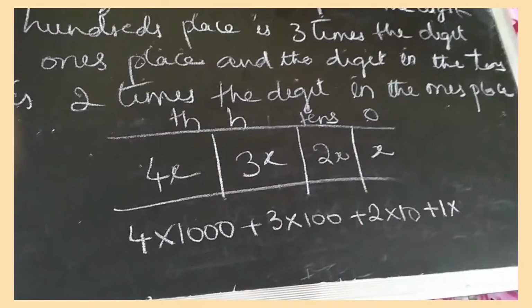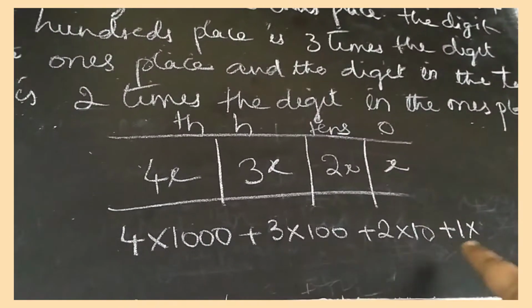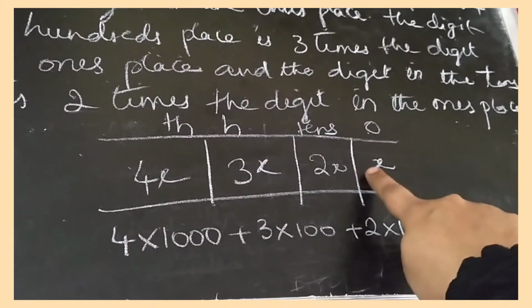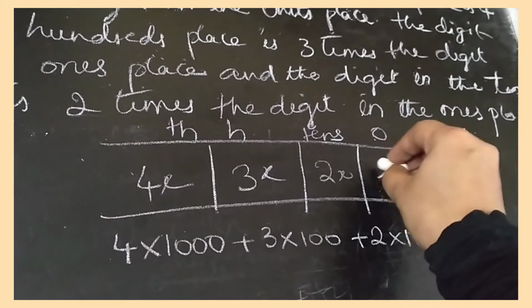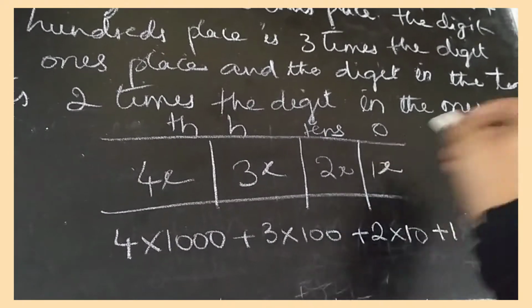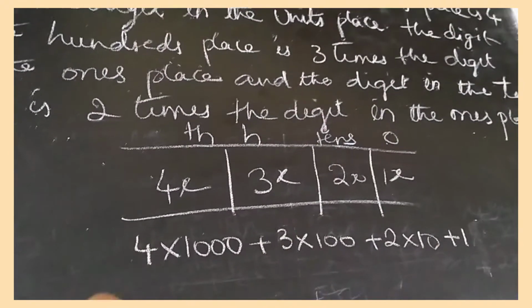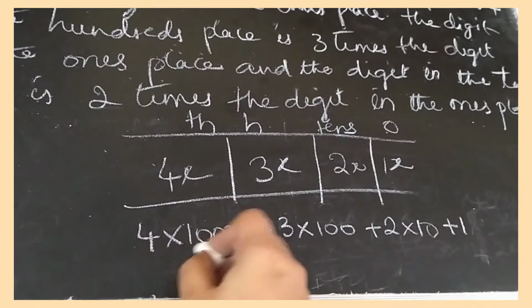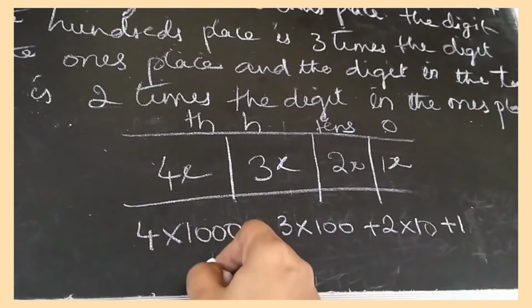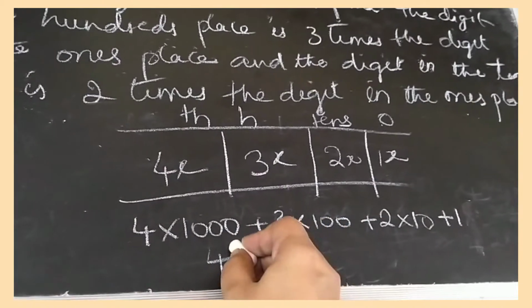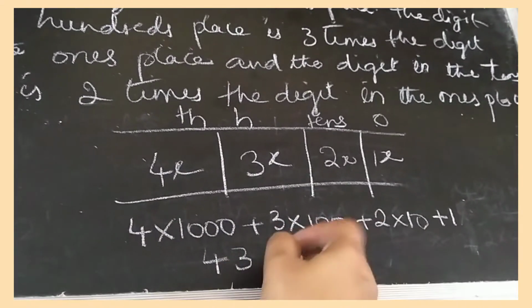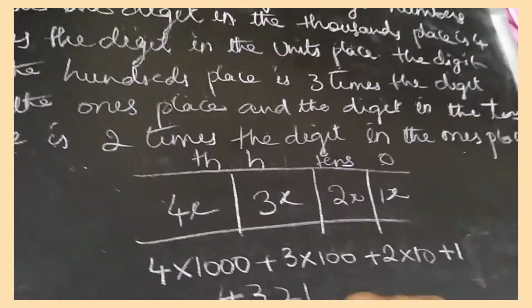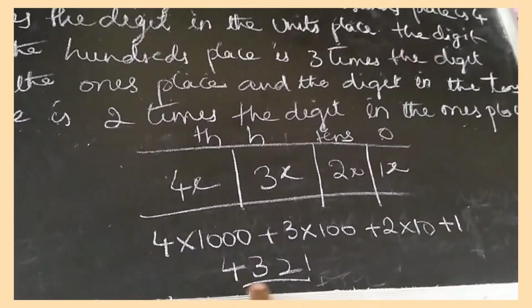Before x, if no number is there, you have to take 1. So the number is 4321.